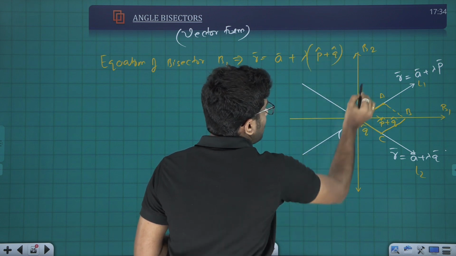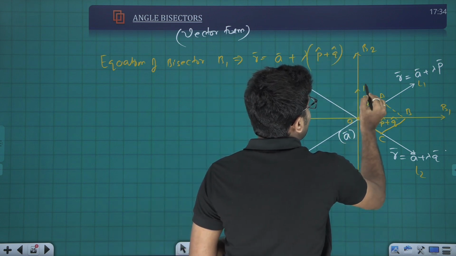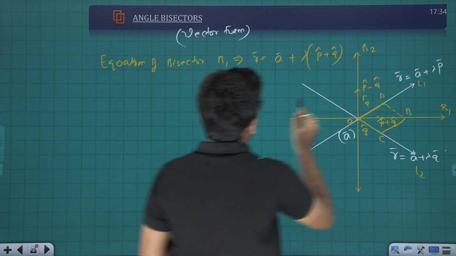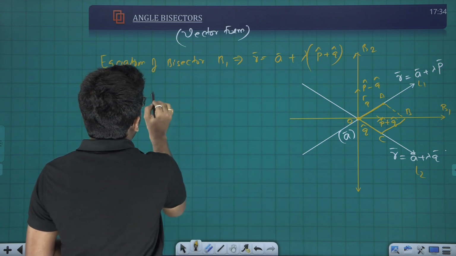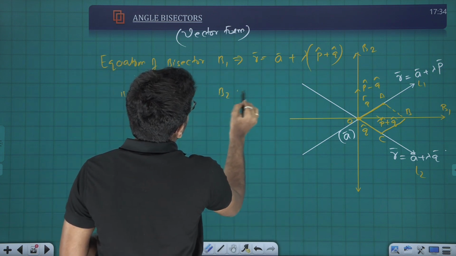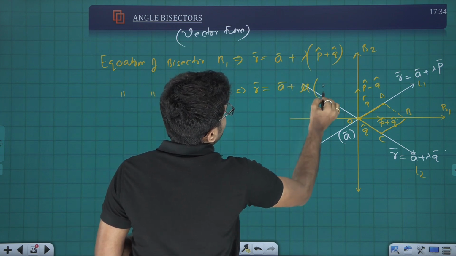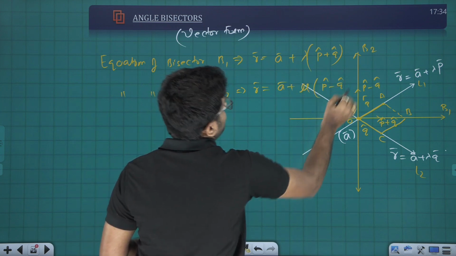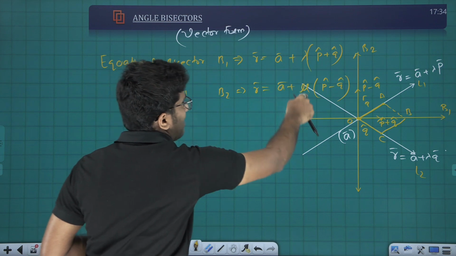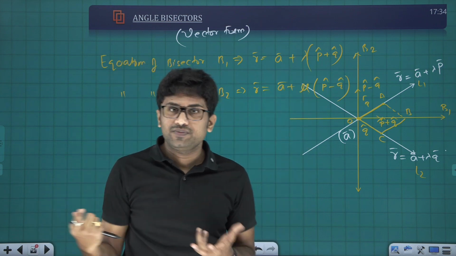In the same way, for this, the support will be P cap minus Q cap. So the equation of the second bisector B2 is R bar equals A bar plus some mu times P cap minus Q cap. No need of taking lambda and mu. You can even take some s, t, anything.